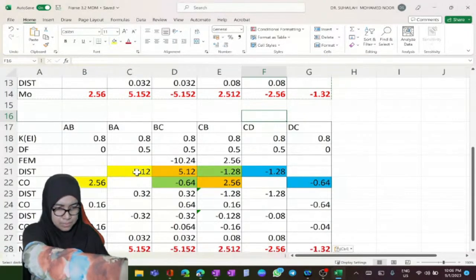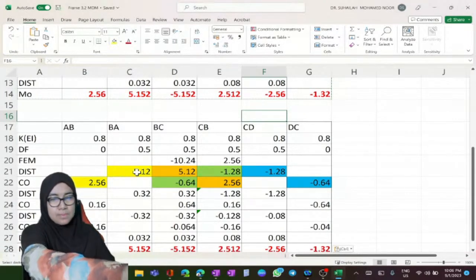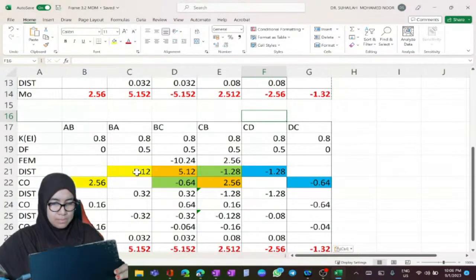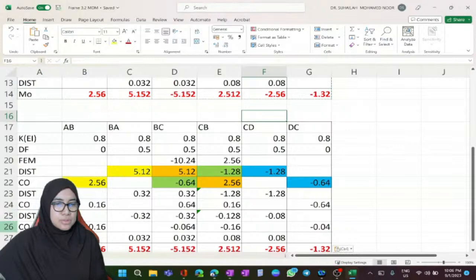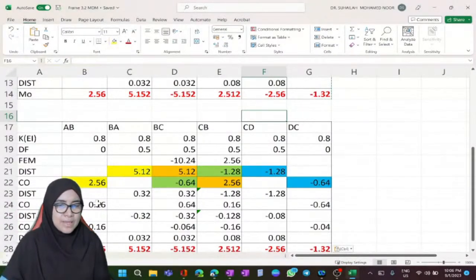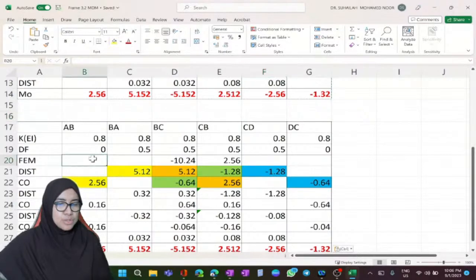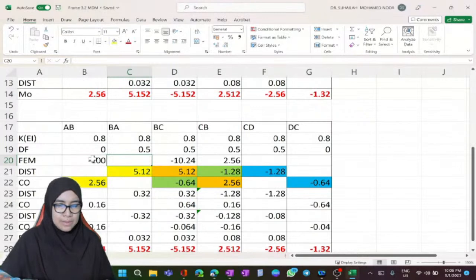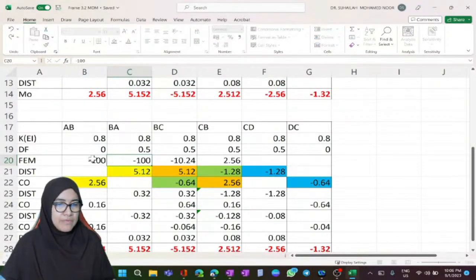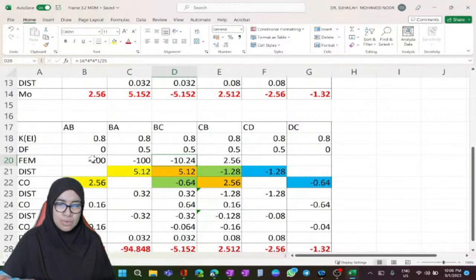So okay, so we will change the FEM. We change the FEM for table number 2 to negative 100. For BC it is 0.